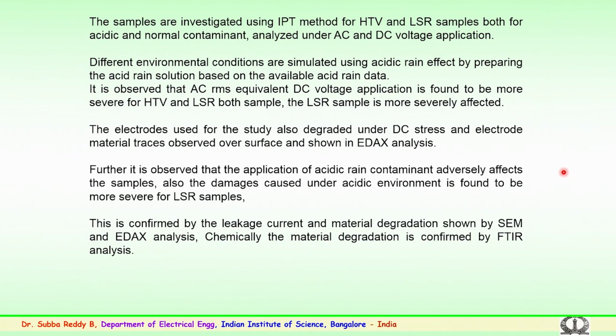Further, it was observed that the application of acid rain contaminant adversely affects the samples. Also, the damage caused under acidic environment is found to be much more severe for the liquid silicone rubber samples. This is confirmed by the leakage current which was measured continuously during the experimentation, and also by the material degradation shown by surface analysis like the SEM and EDAX analysis.